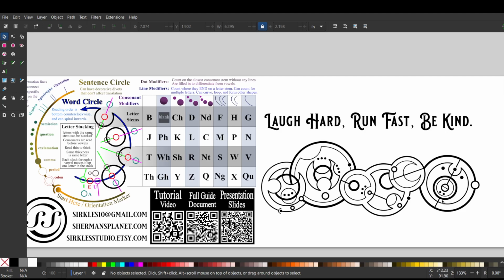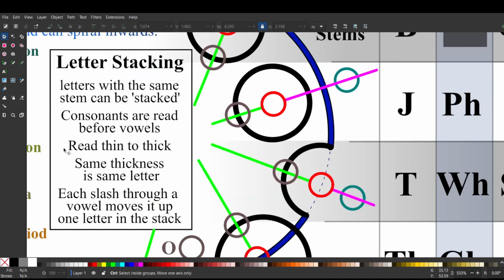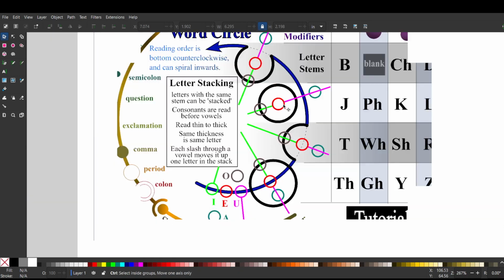And at the beginning, I said this is the only time where line thickness matters, because in letter stacking, you read thin to thick. So let me zoom in here. So here are the rules for letter stacking. You can only stack letters with the same stem. Yay, they're all in the same row. Consonants are right before vowels. So we do have something in the middle of that. We're just going to have to remember that real quick.